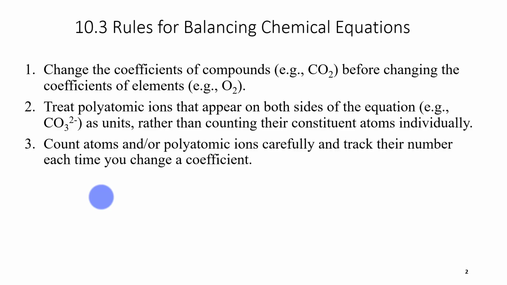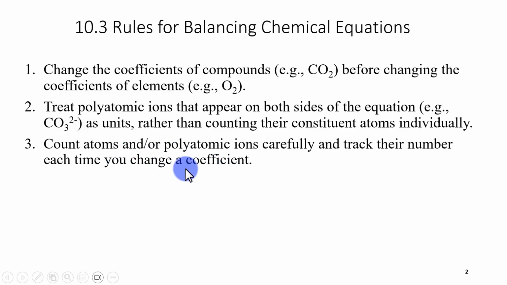I don't care that you do it my way exactly, so long as you know how to balance chemical equations. And obviously at the end, when you think you're done, count twice to make sure that atoms or polyatomic ions are the same on each side as you change coefficients.